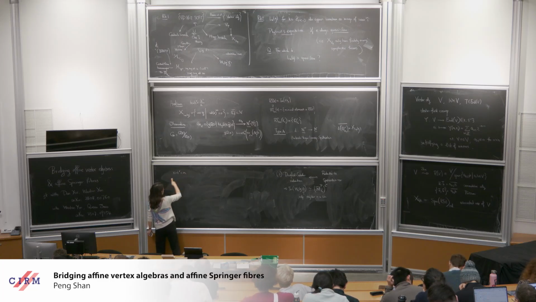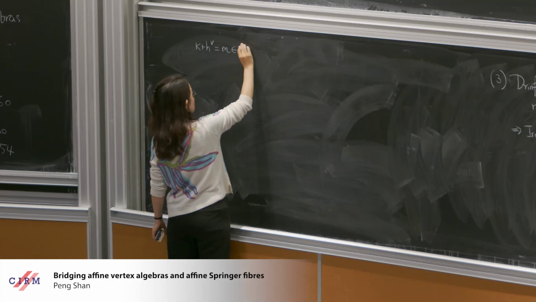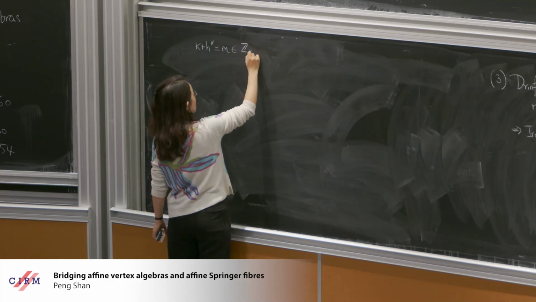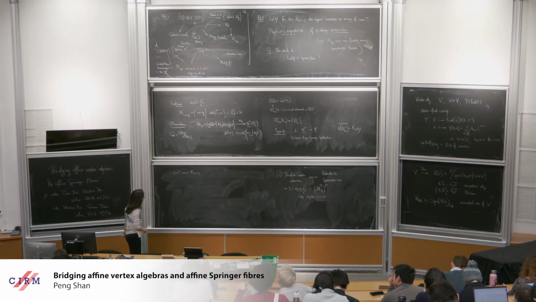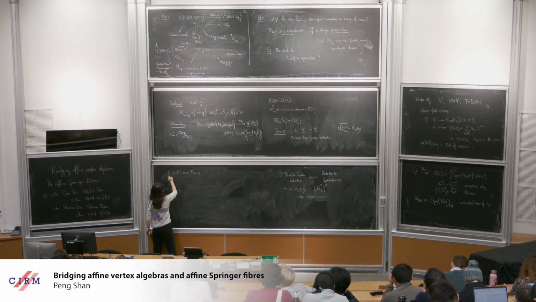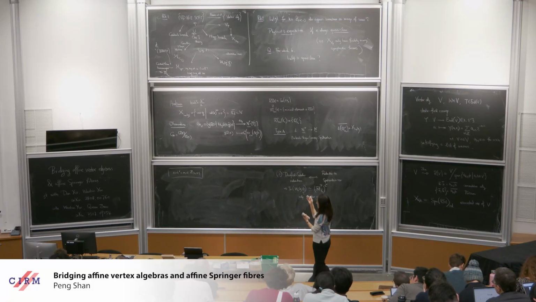And it is in the region I'm interested in, meaning m is an integer between 1 and h check. So we want to study this case, and more particularly, I want a statement of the similar kind.